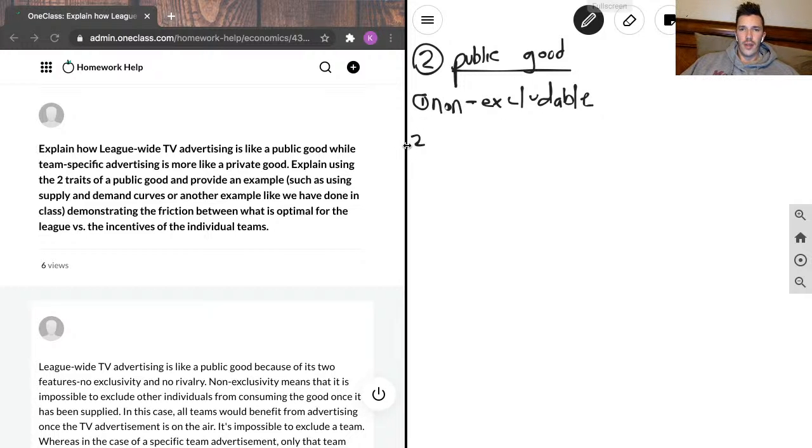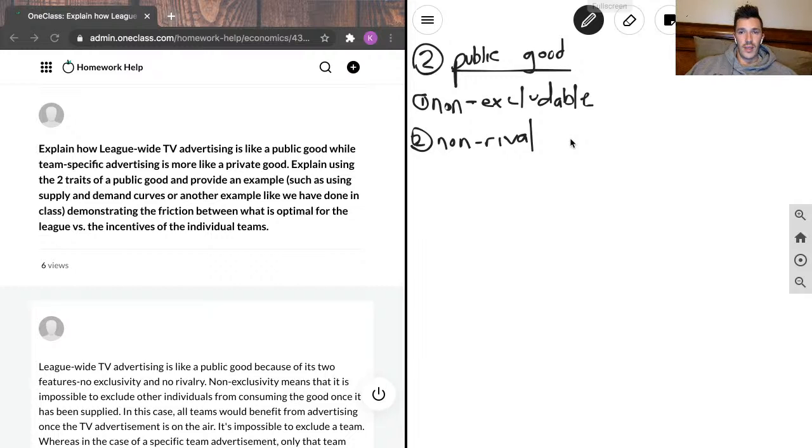And 2, it is non-rival. Non-rival means that one person's consumption of the good does not mean that there's less to consume for someone else. In the case of league-wide advertising, if I watch a commercial for the NBA, me watching it does not impact your ability to consume it and watch it as well.